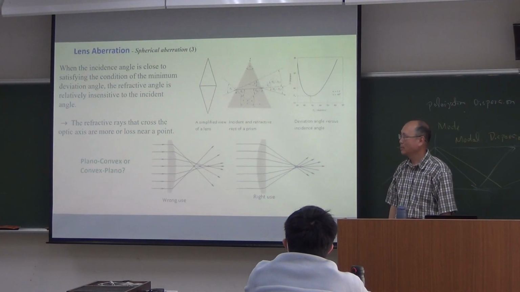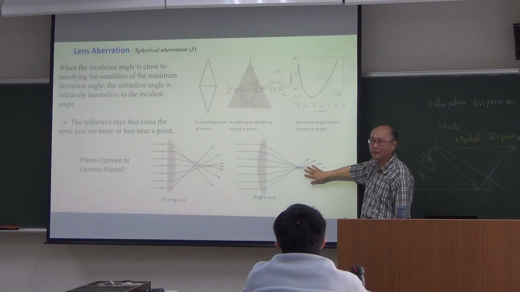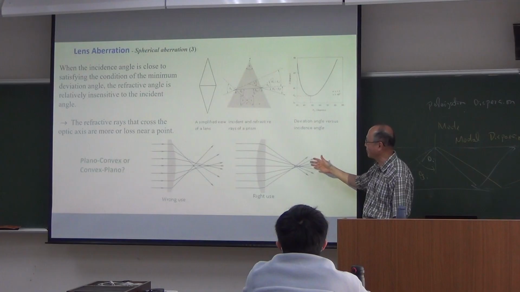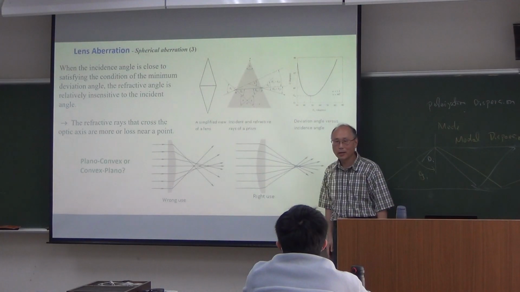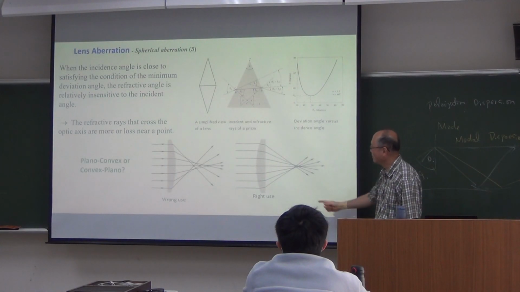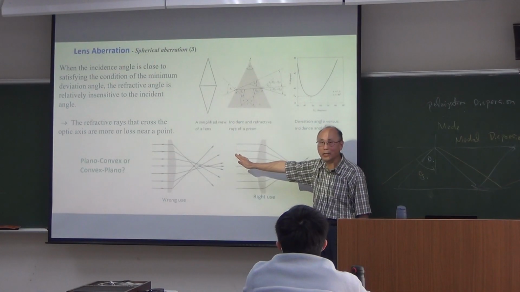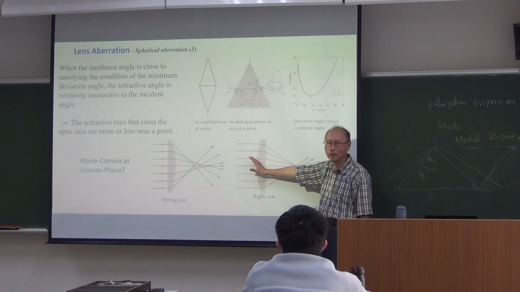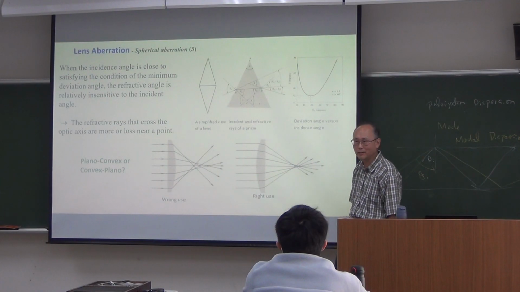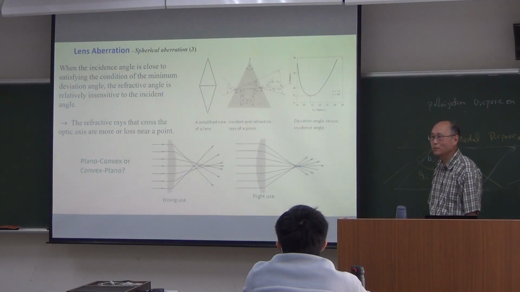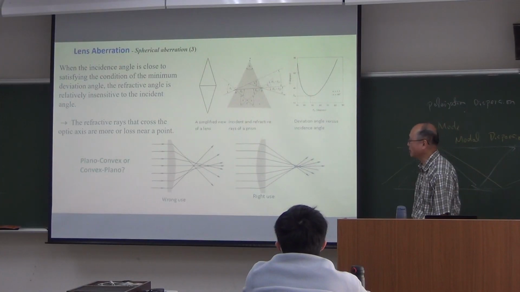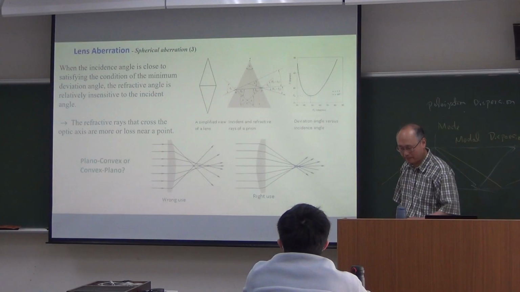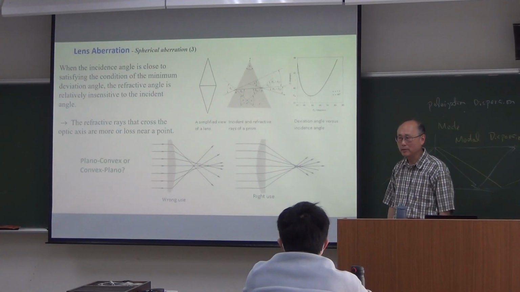So with this, you have less aberration. So next time, if you have a plano convex lens, you need to use this surface facing the incoming light. You will have a lot of experience in graduate school when you do experiments. So this is becoming common sense when you pick up a lens for your purpose.